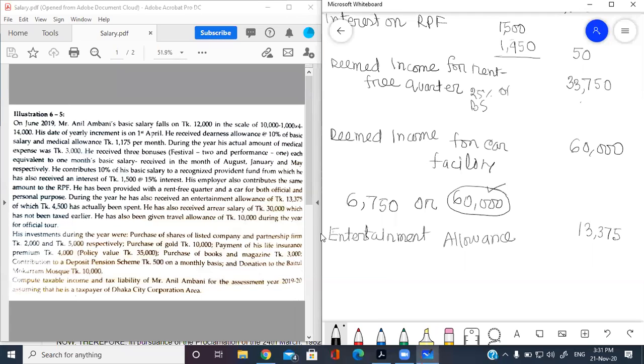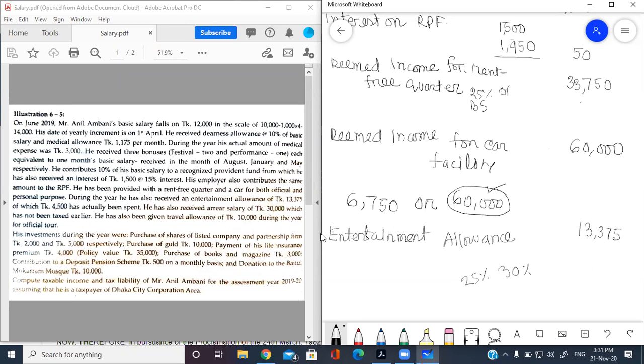So you may feel that it is not a big deal for you, or it is not a big number for calculating with respect to tax liability. But when you become a top management employee, your marginal tax rate will become very high, like 25%, 30%.